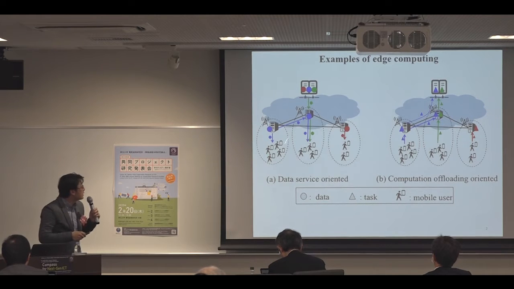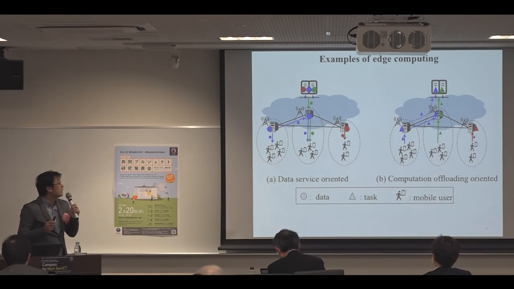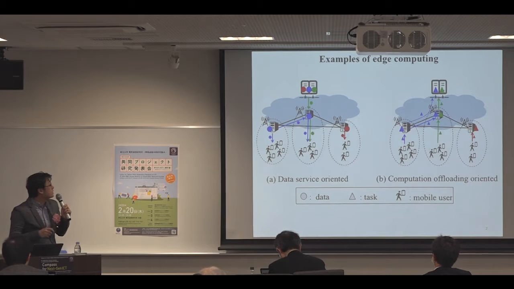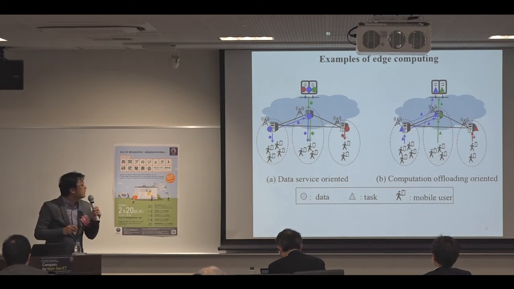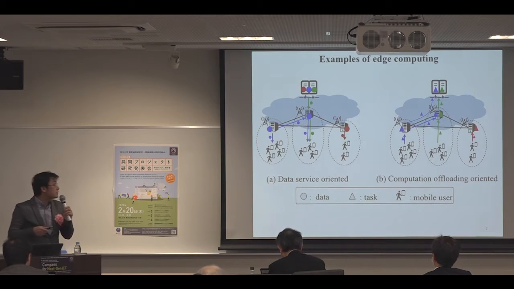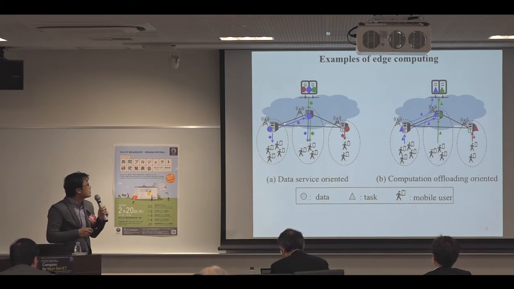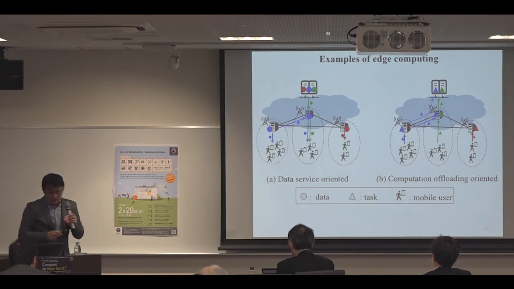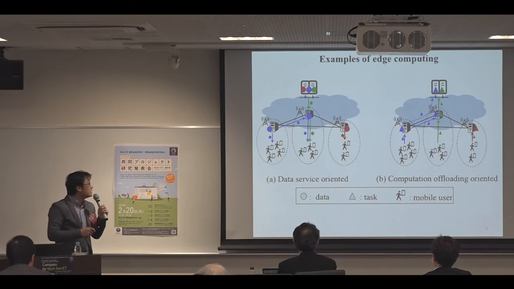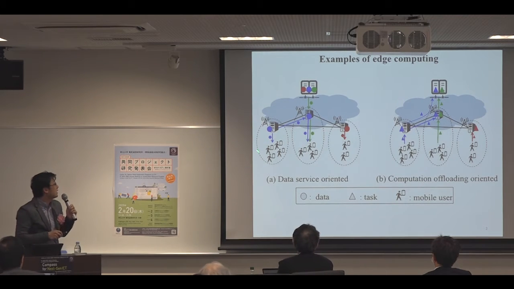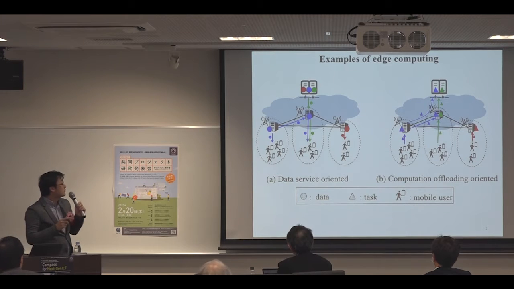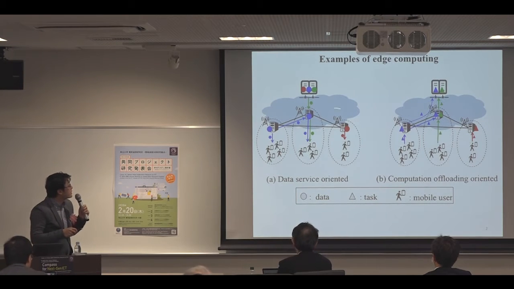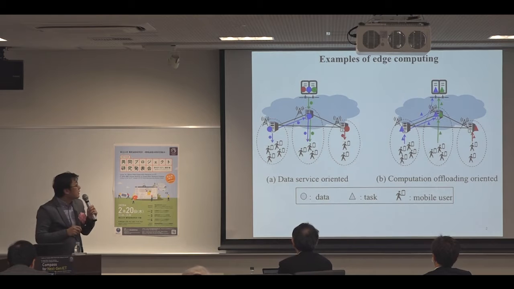However, the users actually download the contents from the edge servers. The edge cloud providers will cache the popular contents in the local base station to satisfy the demand of the mobile users. This is a very simple use case.